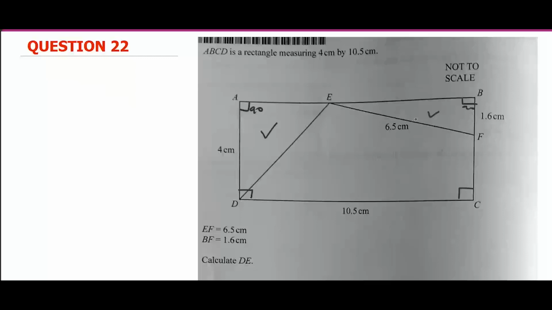To get DE, it will be from this triangle AED. That is where we are going to get our DE. But we must know AE. That is the first thing we need to do if we want to find DE. From A to B here, we already know that it is 10.5 centimeters.